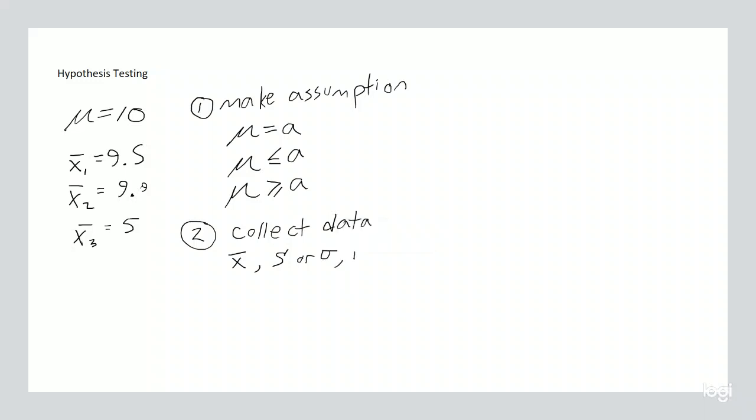You're going to have your number of data points as well. And when deciding whether your sample mean is sufficient data to reject your assumption or not, we're also going to consider, well, what's the standard deviation? What's the sample size? That's also important because that determines how reliable your sample mean is or isn't.